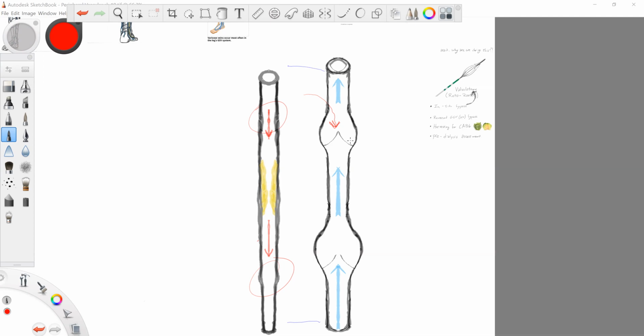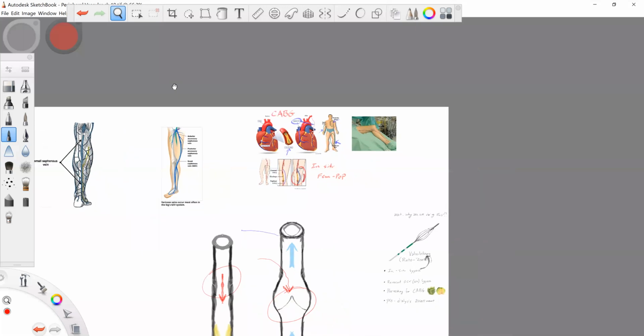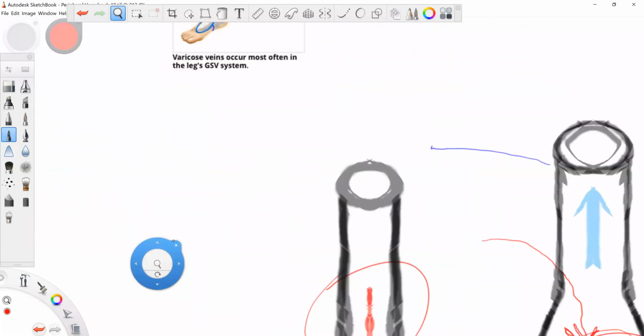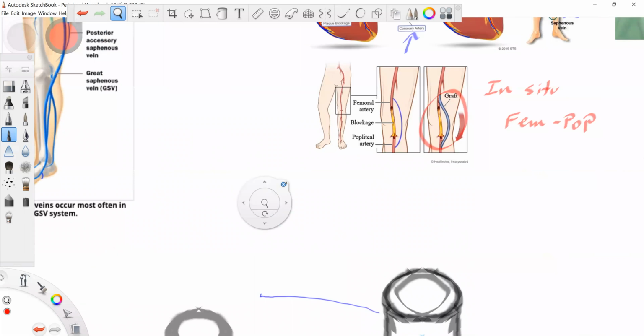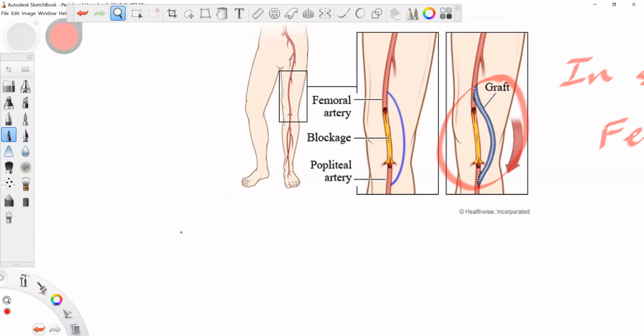The point I'm getting to is this. Look at these valves here. Veins have these valves specifically so blood can only travel in one direction.